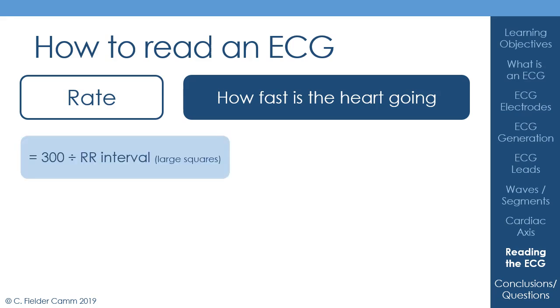And there are a couple of ways of determining the ventricular rate. One is to say, well, I know that a normal ECG, if it's calibrated normally, the machine goes through 300 large squares in a minute. And so I can count up the large squares between two R waves, the RR interval, and I can take 300 and divide it by the number of large squares, and that will get me the heart rate.